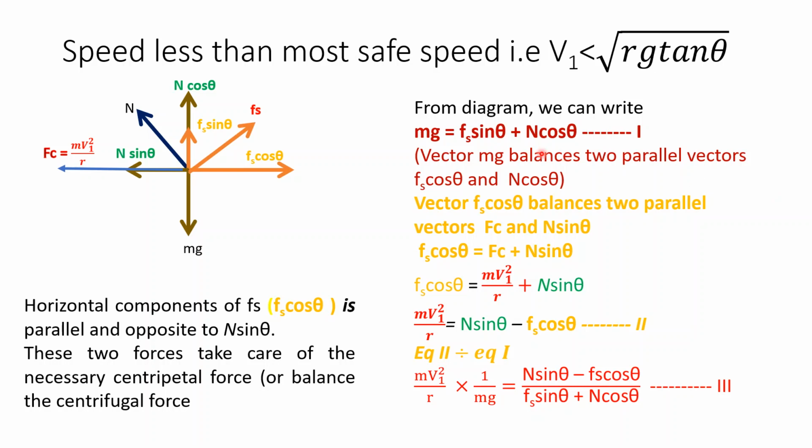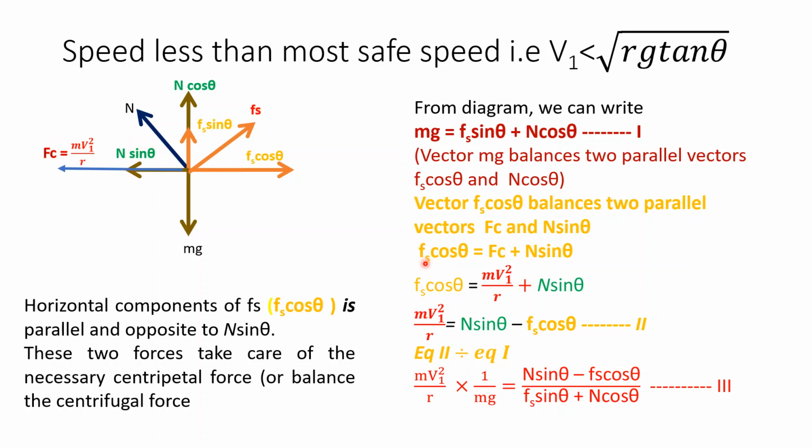From the diagram, mg balances the two parallel vectors Fs sin theta and N cos theta. So we can make equation 1 as mg equals Fs sin theta plus N cos theta. Also, the vector Fs cos theta balances two parallel vectors: one is Fc, the centripetal force, and another is N sin theta.